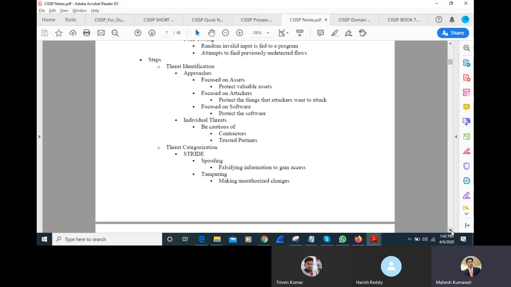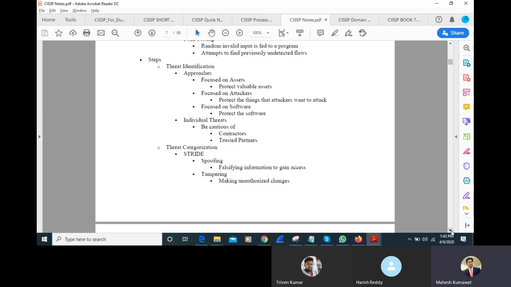Identify threats because of weak portions, and be cautious of contractors and trusted partners. So we need to be cautious about the contractors. We have third-party persons who may attack your assets, and we have to be cautious about trusted partners at the same time.